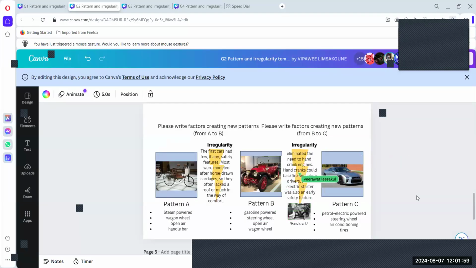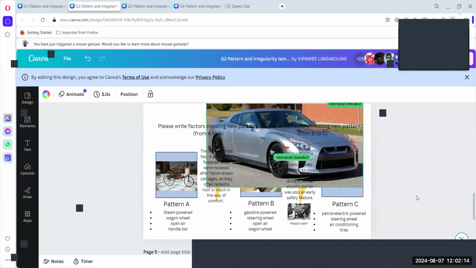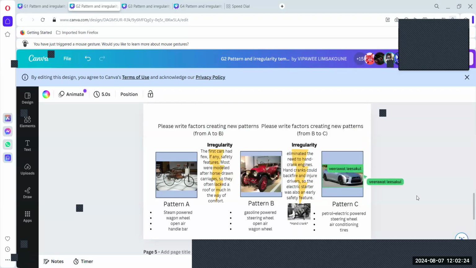So they eliminated the hand crank because it could backfire and injure the driver. The electric starter was also an early safety feature. This means the car changed from a hand crank to something like a remote to start the engine, so the driver won't be hurt anyway.